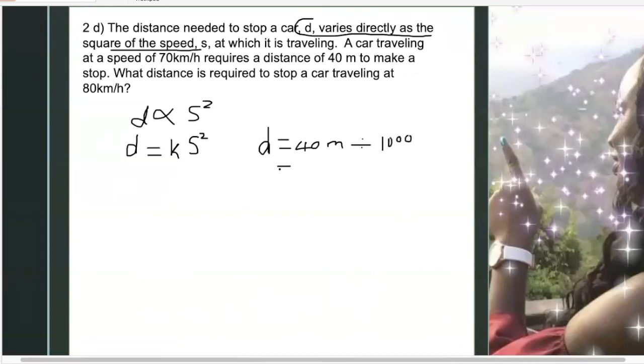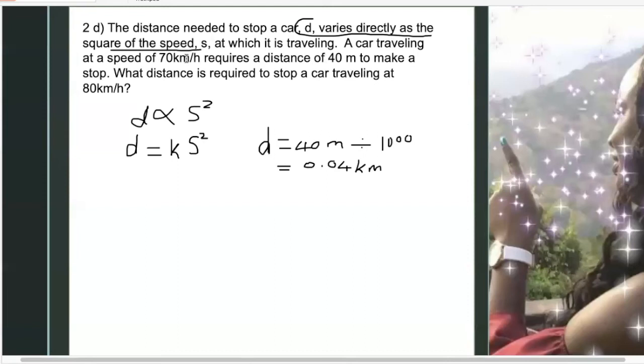So dividing it by 1,000, we're going to get 0.04 kilometers. So the car traveling at a speed of 70 kilometers per hour requires a distance of, it's the same thing as 0.04 kilometers. The only reason why I changed it to kilometers is because the speed is already in kilometers. So that's why I did it.